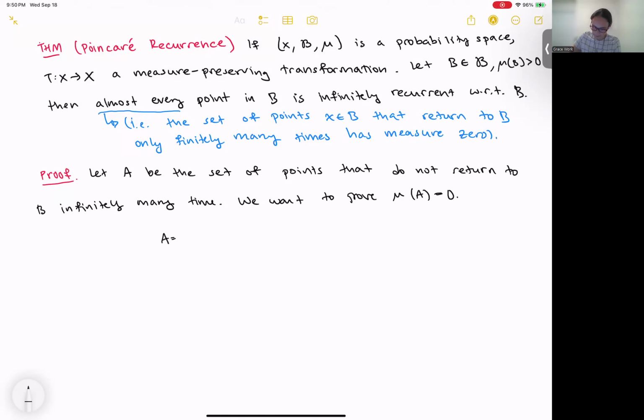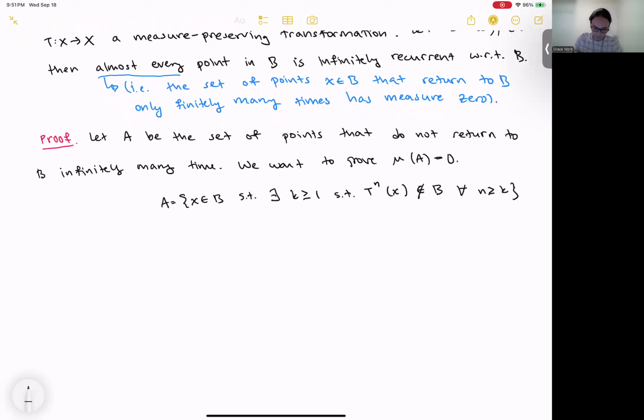So we can write A as the set of all points x in B such that there exists some value K greater than or equal to 1, such that whenever n is greater than K, T^n(x) is not in our set B. Okay, so there exists some value where after this point, T^n of our point x no longer lives in B. It only returns finitely many times.